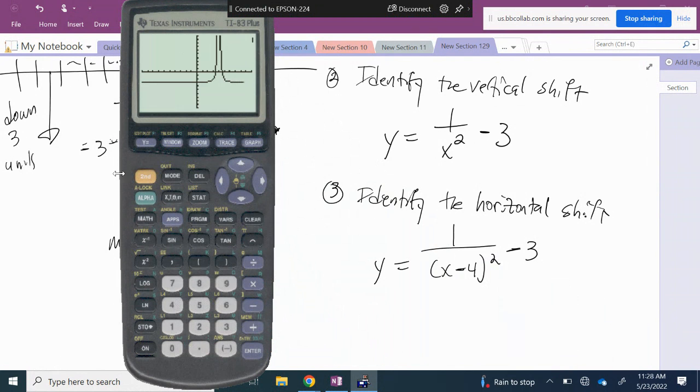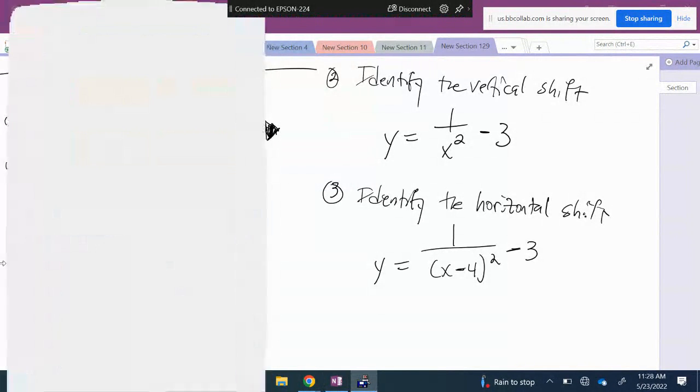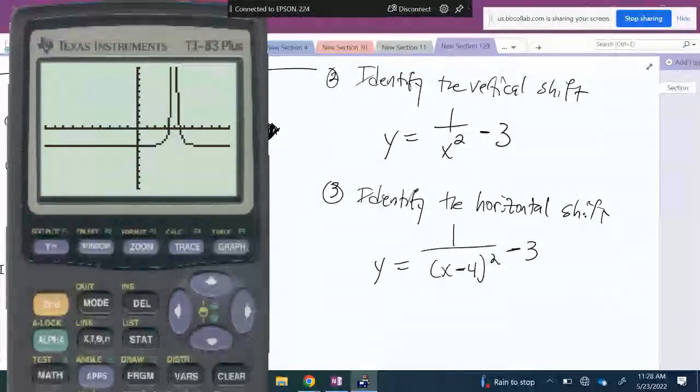And I'm going to graph. And I'm going to blow that up a little bit. All right, and we have our graph. All right, the rational function shifted down 3 units and 4 units to the right.